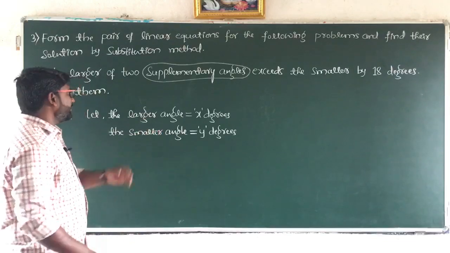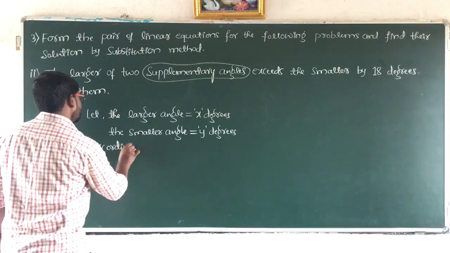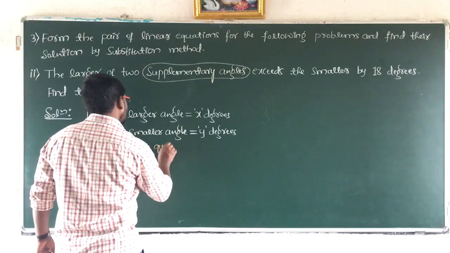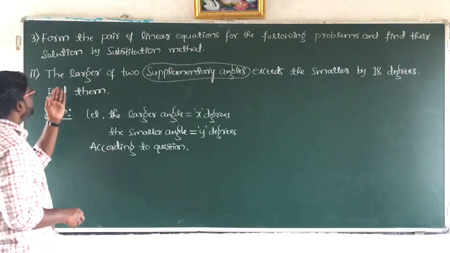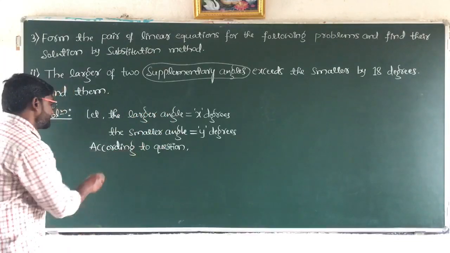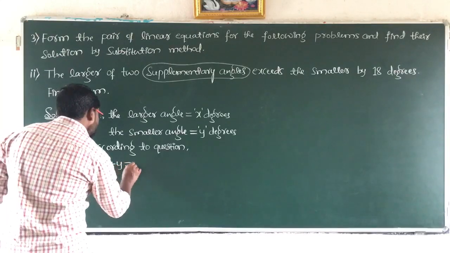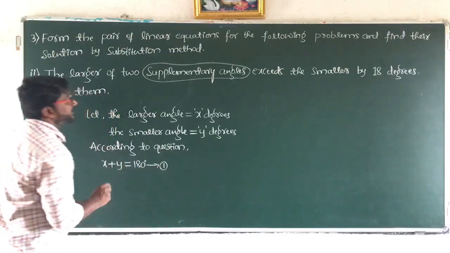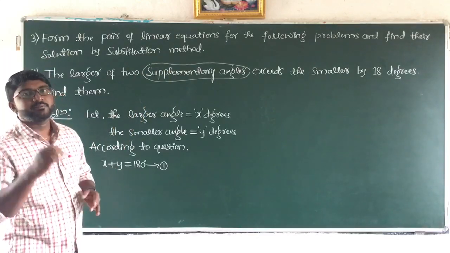Then according to the question, supplementary angles means the sum of the two angles must be 180 degrees. So x plus y equals 180 degrees, call this equation number 1. And then he said the larger of two supplementary angles exceeds the smaller by 18 degrees.